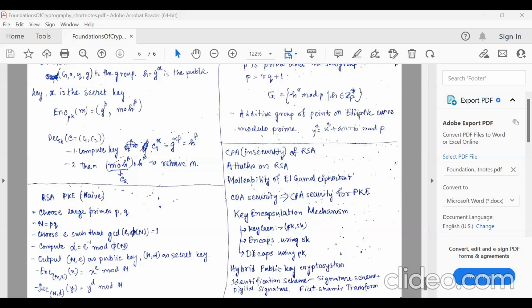But in the case of the public key primitive, the digital signature, once a signer signs a message using its own secret key SK, anyone in the system who has access to this signer's public key can verify the signature of that message.